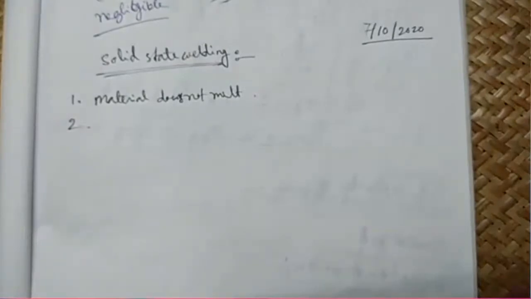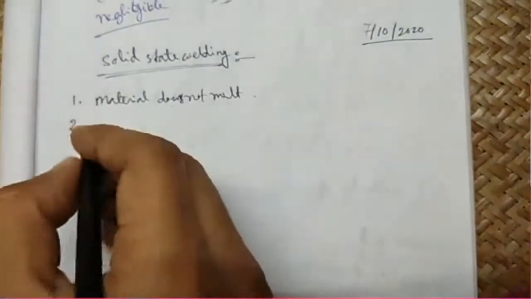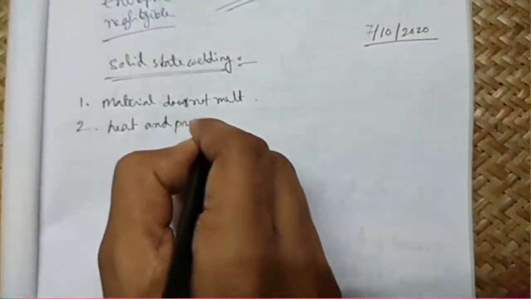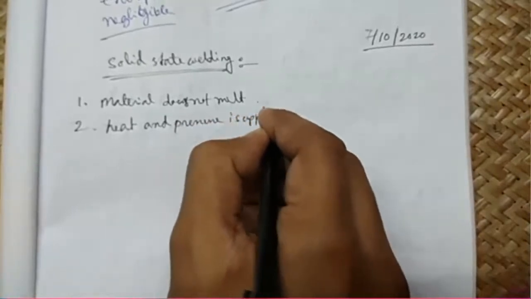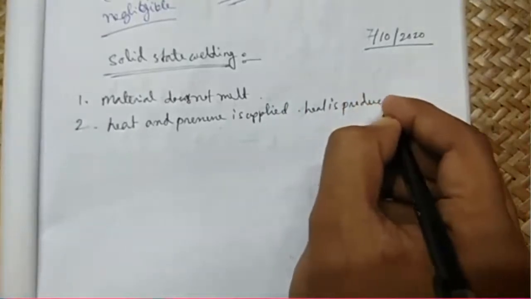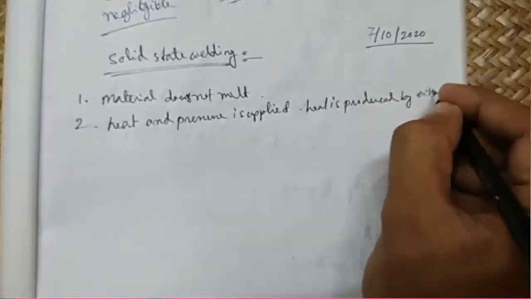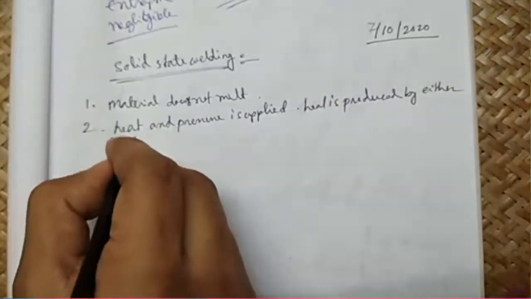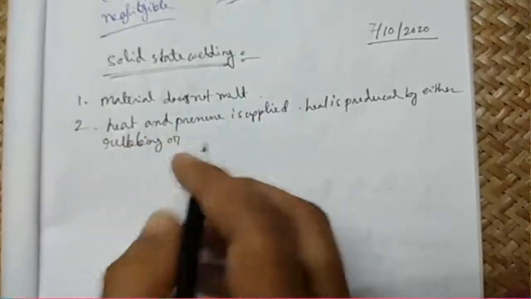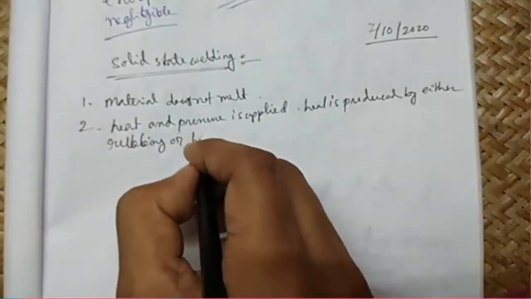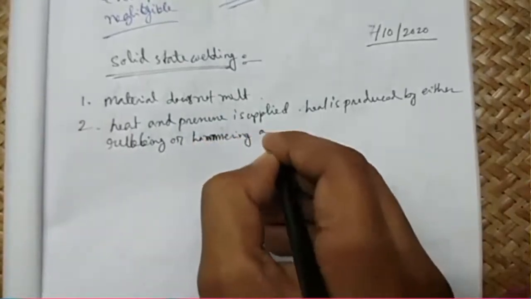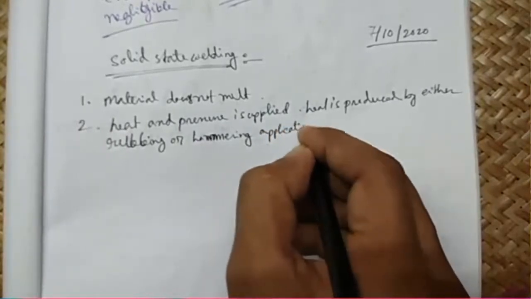Number two, heat and pressure are applied. Heat is produced by either rubbing or hammering application.